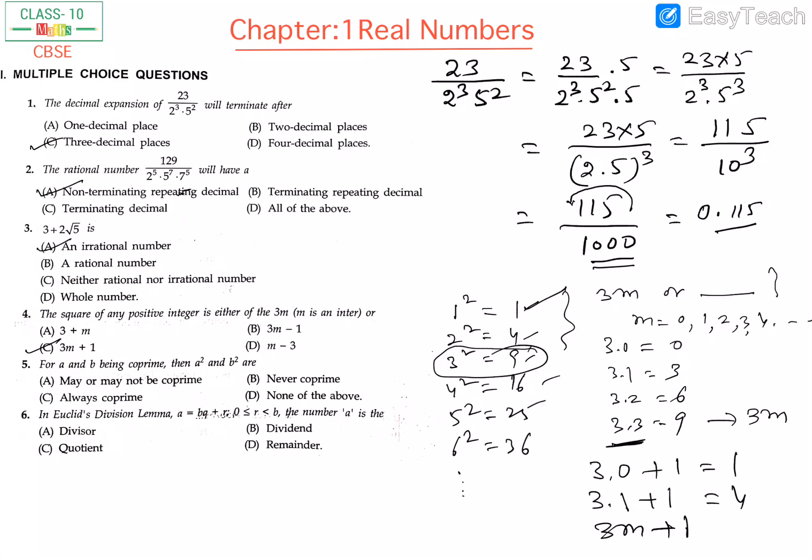Question number 5. For a and b being co-primes, then a square and b square are also co-primes. So our option C is correct.